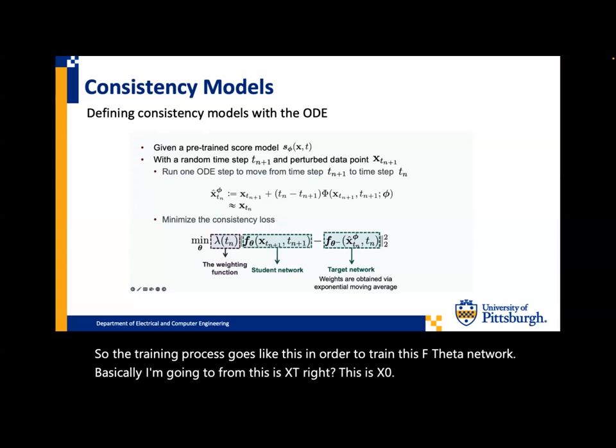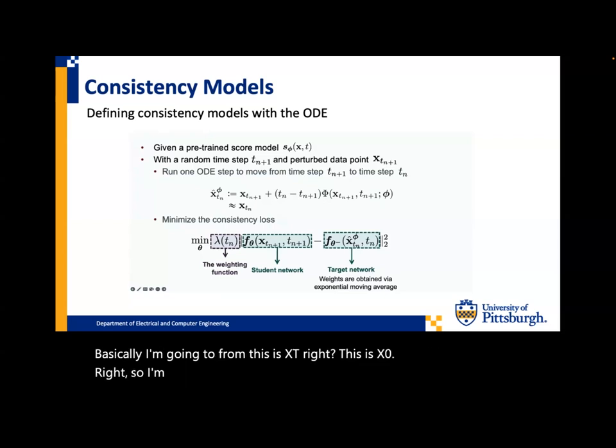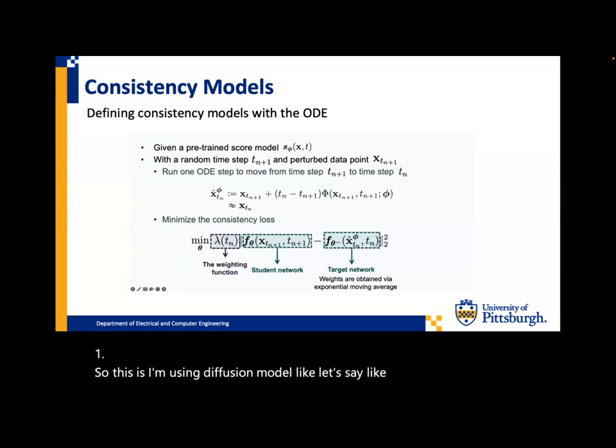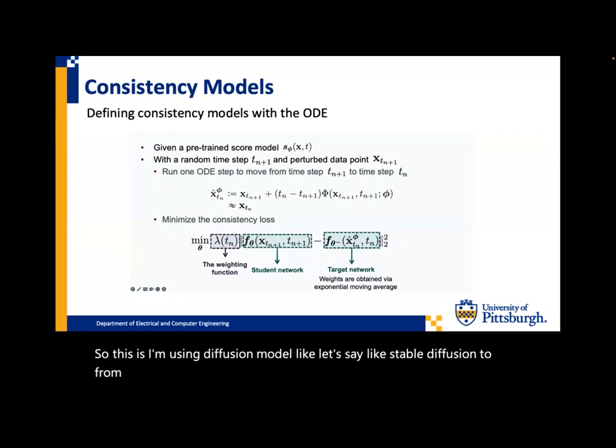I'm going to use a normal diffusion model, like Stable Diffusion, to go from xt and predict xt minus 1, the small step. That's fine. And now I have two data points, and I also have x0.